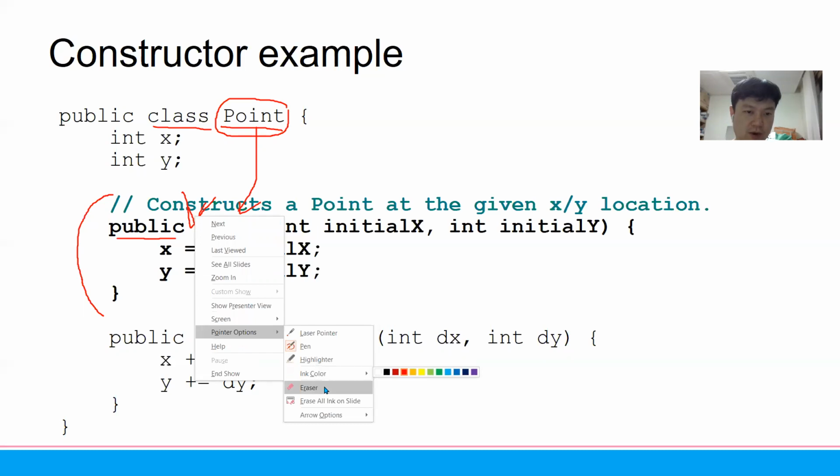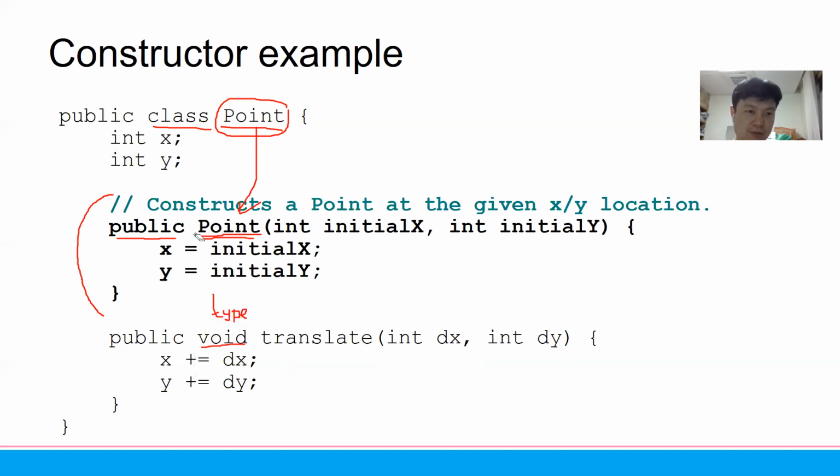So I would like to say that the Point has 2 parameters, x and y. This will be the value for x, and this is the value for y. Then we want to use this value to be the value of x, so x is this one.